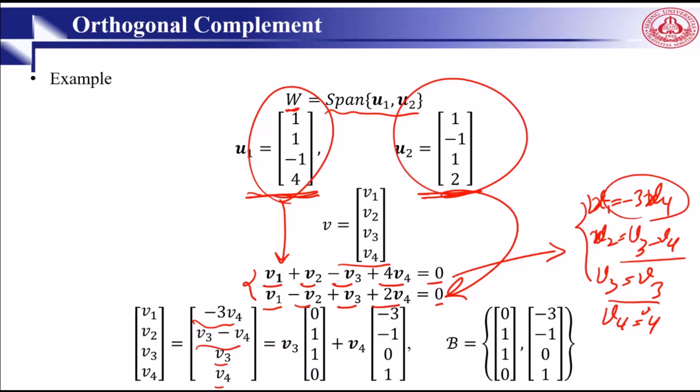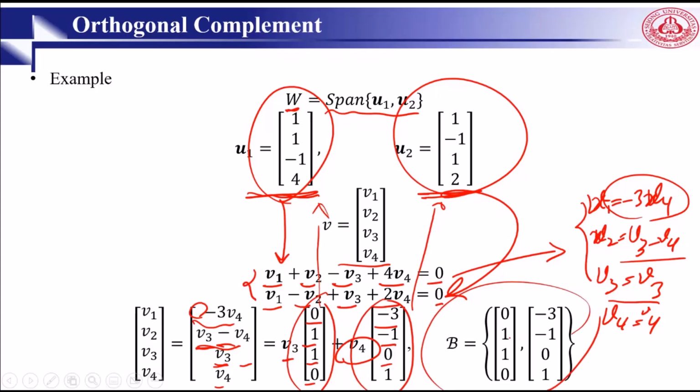Then we can come to this general form: for v3 we have 0, 1, 1, and 0. Then for v4 we have minus 3, minus 1, 0, and 1. So these are the two vectors that are complement to this one. We can say this is the basis of W perp.